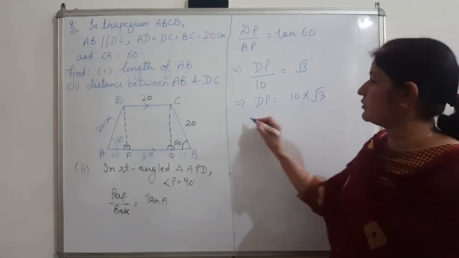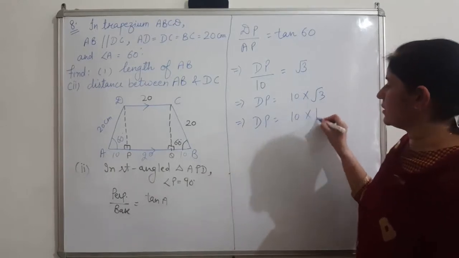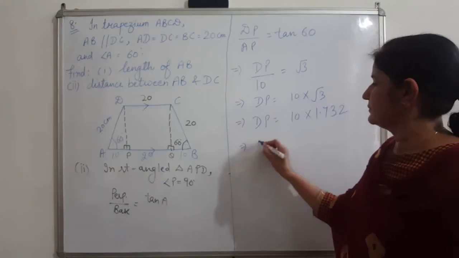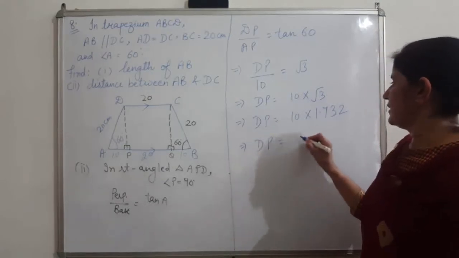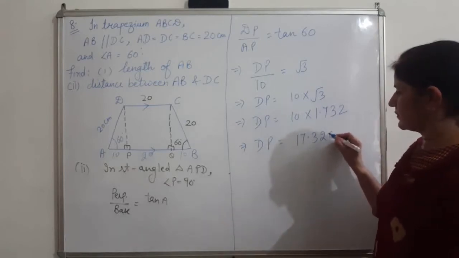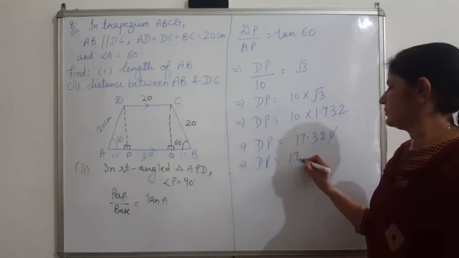What is value of root 3? You need to learn. 10 into 1.732. Multiply it. 17.32. So length.